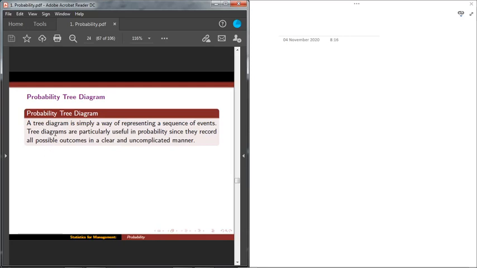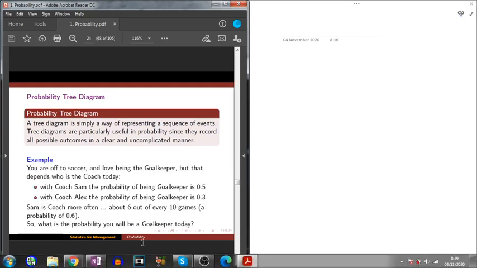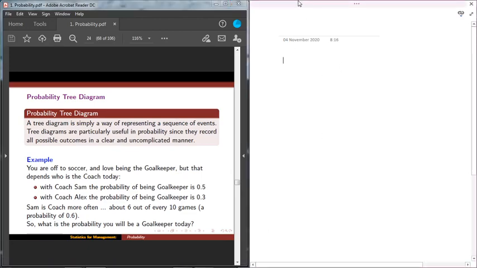This is the definition. The definition, of course, you guys can read by yourself. Now let us go through one example here. You love soccer and love being a goalkeeper. You like to play football and you like to become a goalkeeper, but that depends on who is the coach today.